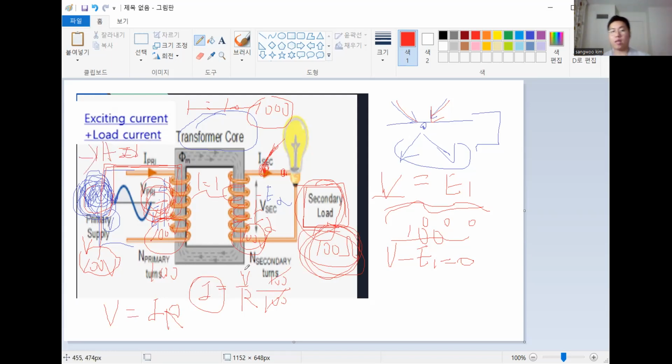So what I want to say is, why is the transformer, or potential transformer, a voltage source? What I'm saying is, look at that. Regardless of the magnitude of this load, the voltage is the same. For example, here, if it's 200 ohms, do you think this E2 part is reduced because of the load?